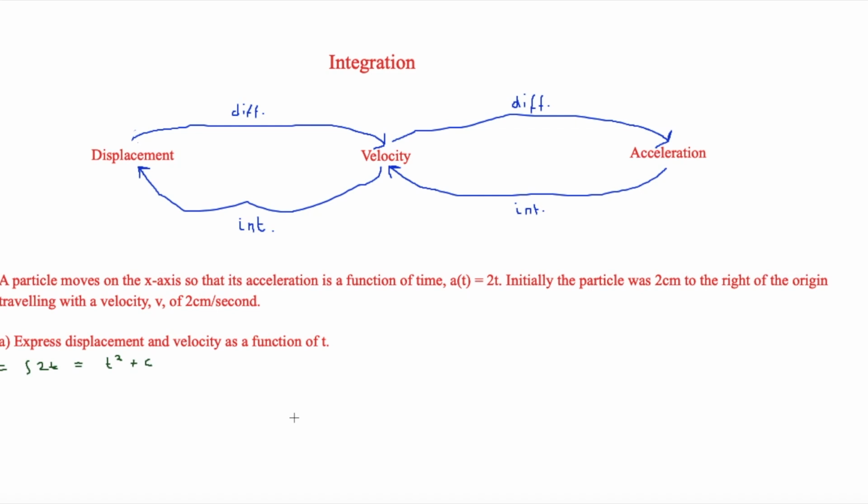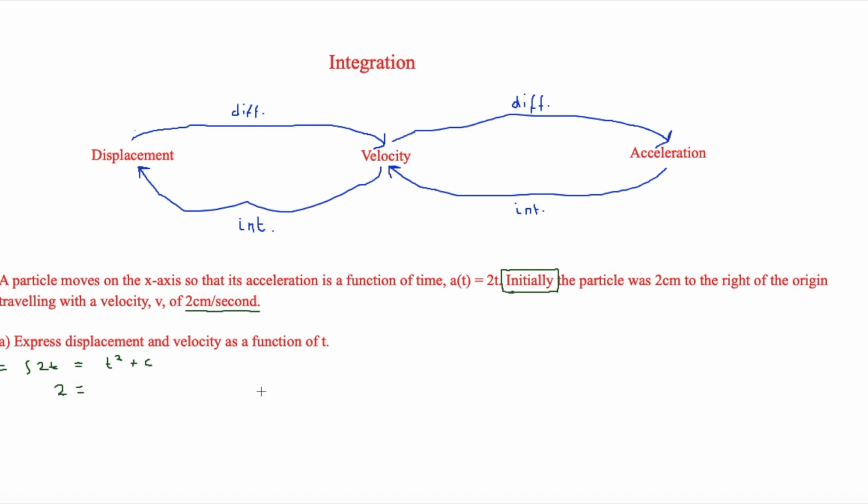Now, this isn't finished yet because we do have more information, as we know that velocity is 2 centimeters per second. So therefore we can work out what c is. Now therefore 2 is equal to t squared plus c, but we also know what t is. And this is the importance of reading the question fully, and initially is the important word here, as we know that by saying initially, it means that at the start, and at the start it means that time must be 0.